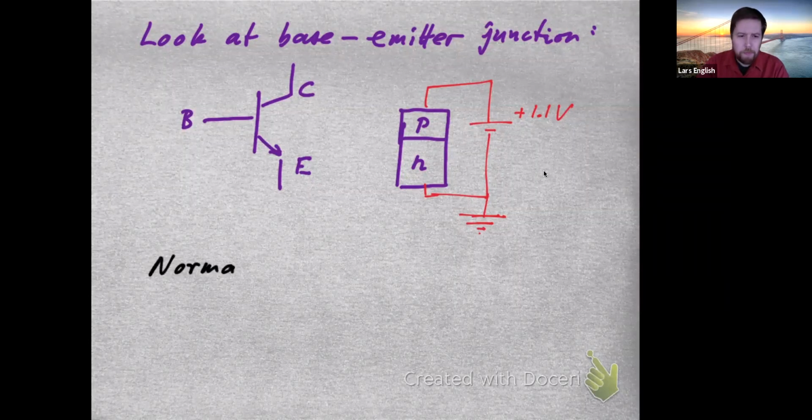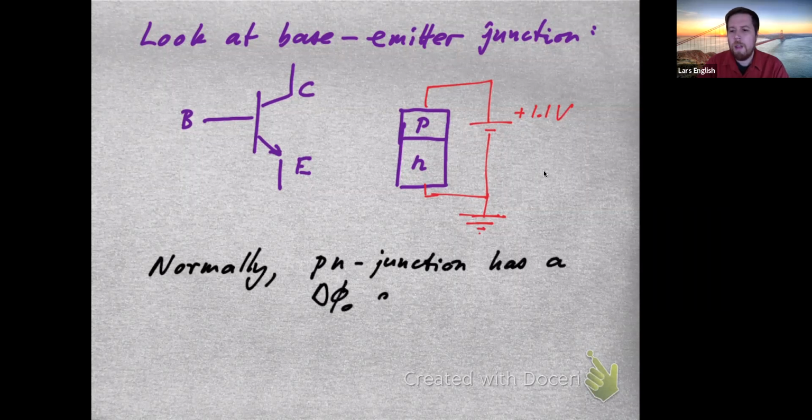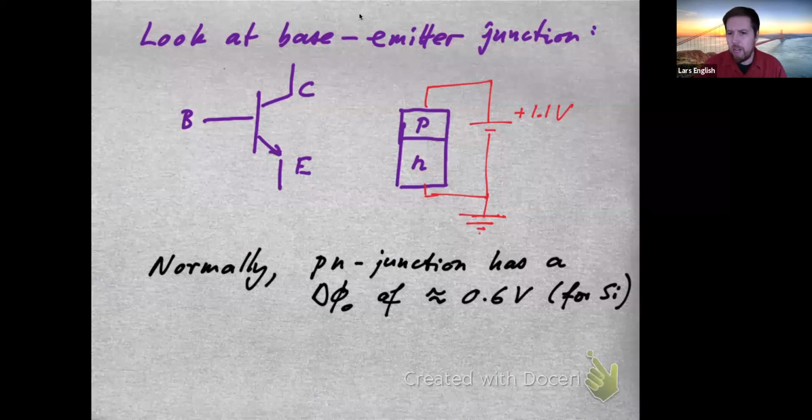Well, normally the PN junction, if we just leave it alone entirely, has a voltage difference between the P and the N of about 0.6 volts for silicon, we said. That's just because of the depletion layer that develops at the interface between P and N. Now we're raising it to 1.1 volts, and notice that the P side is connected to the positive and the N is connected to the negative.